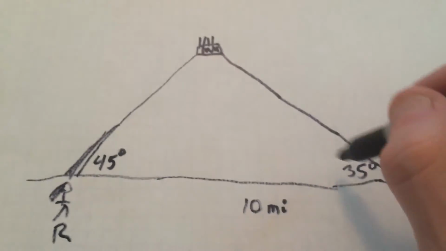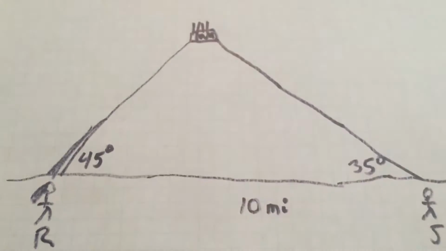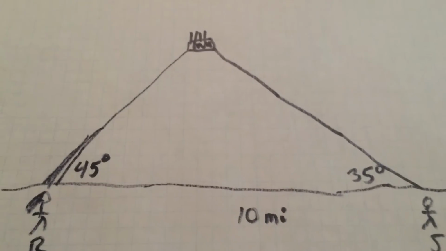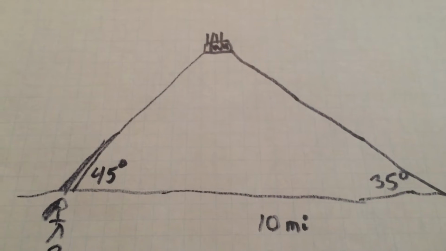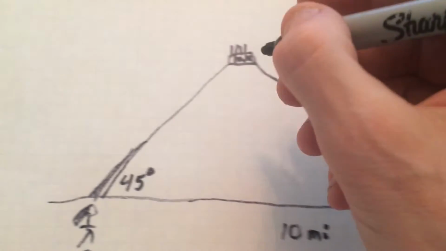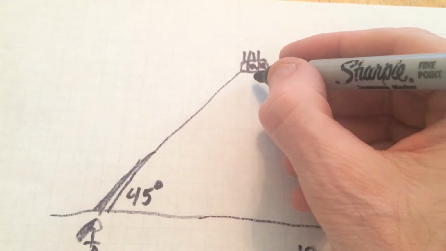Alright, so we have two angles of the triangle, so we can get the third angle by adding these two and subtracting from 180. So that looks like that's 80 degrees, so you're going to do 180 minus 80.